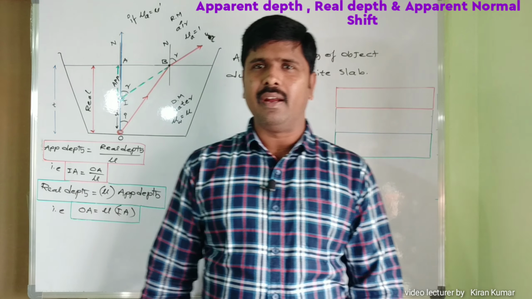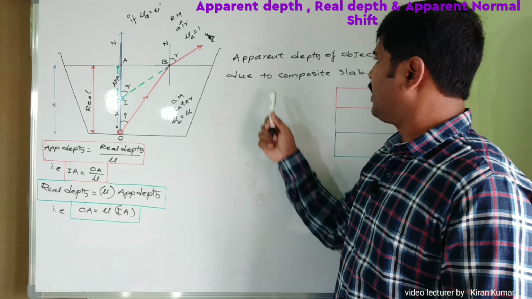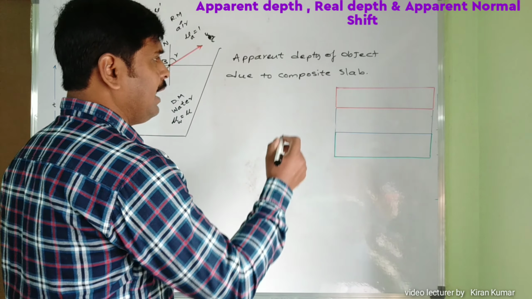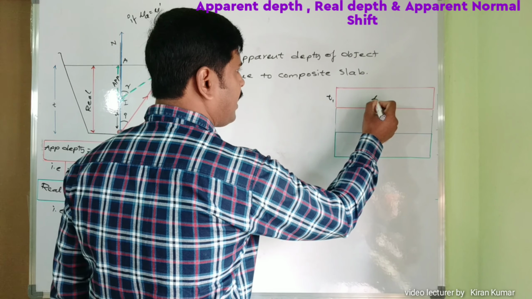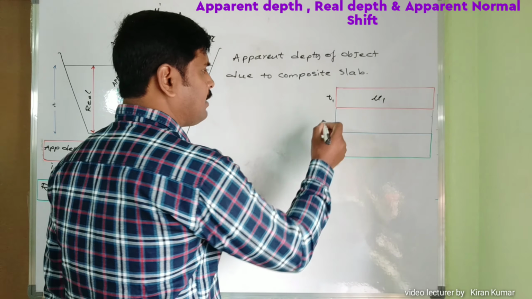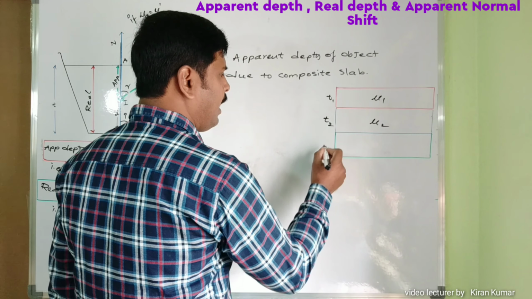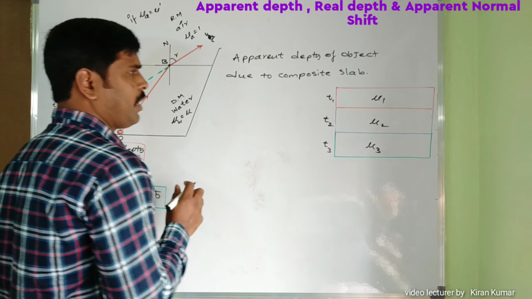Now we will discuss the apparent depth of an object due to a composite slab. Considering the first material of thickness T1 and refractive index mu1, the second material of thickness T2 and refractive index mu2, and the third one with T3 and refractive index mu3.